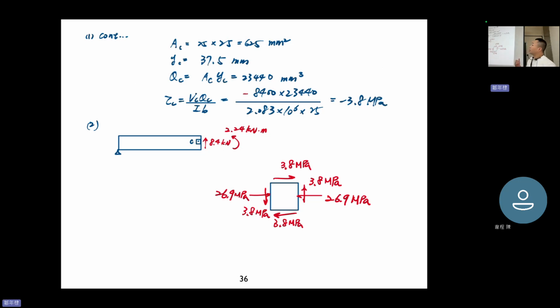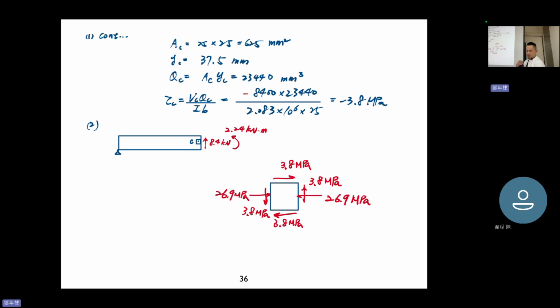Okay, so if you can accept that, you can see that now we can determine shear stress and normal stress at every point in this material. Wow, that's powerful, right? This is a really powerful formula to achieve that.